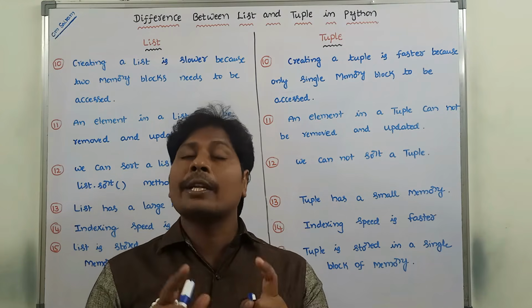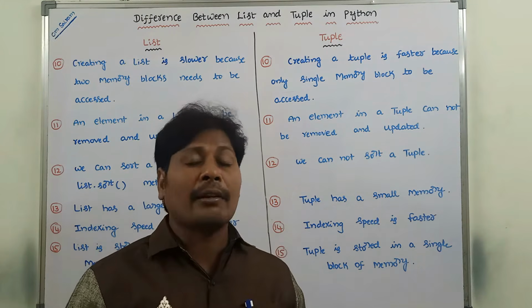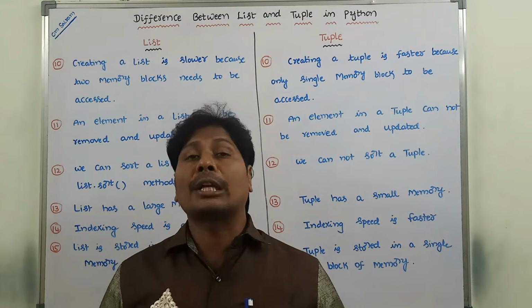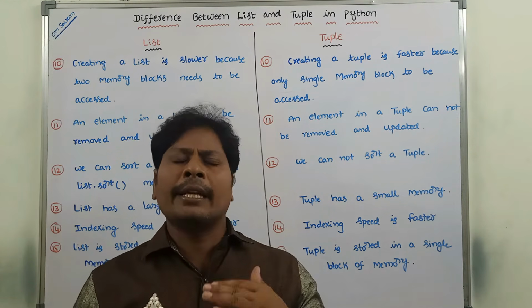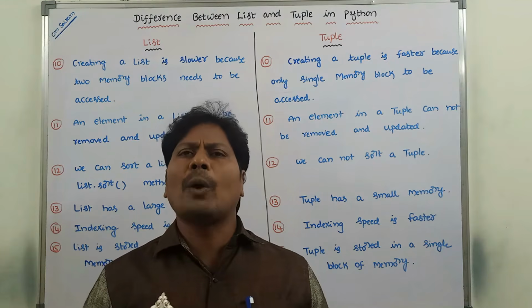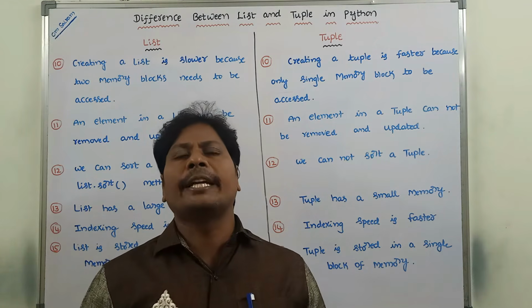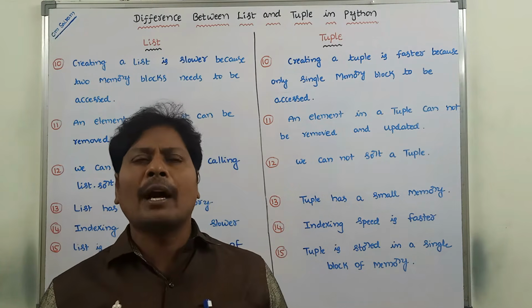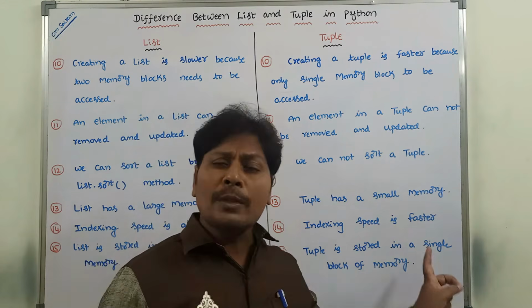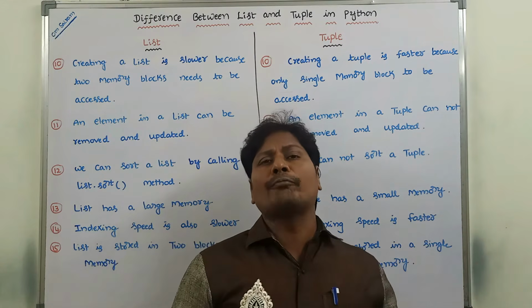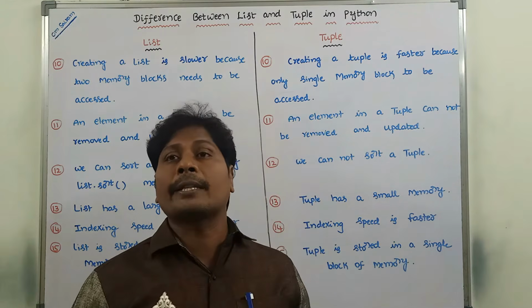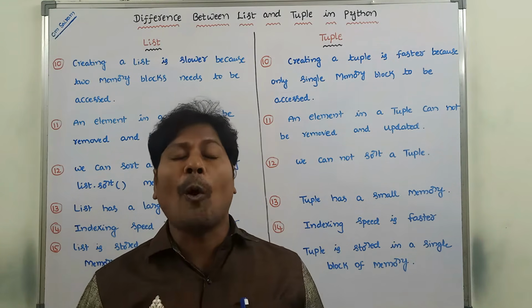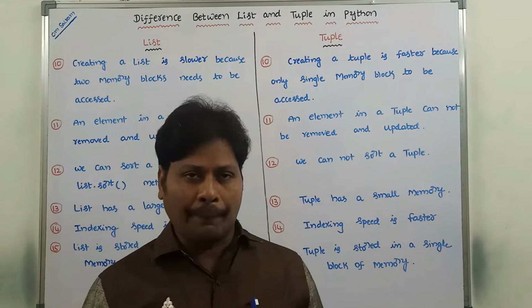It does not require any extra space to store new objects, because once a tuple is created, it is not possible to add an element into a tuple. So because of that reason, it uses a single block of memory.